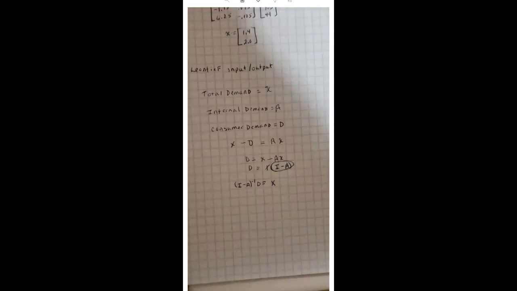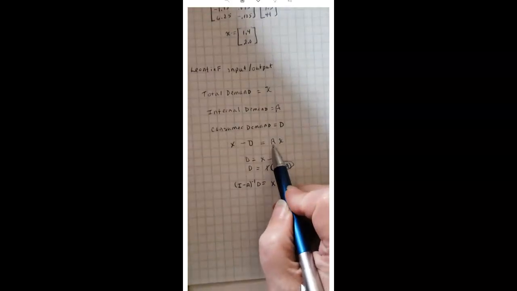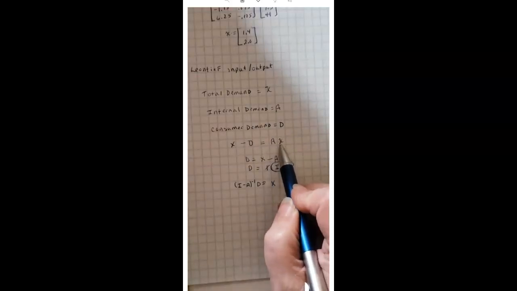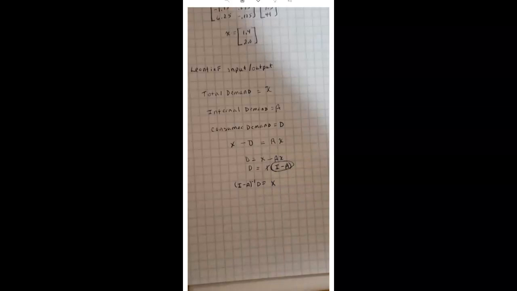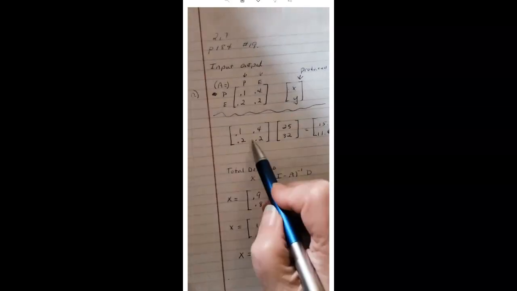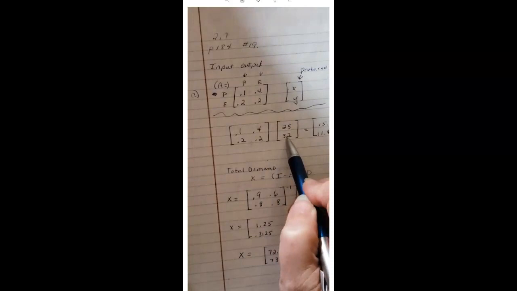So for the internal demand, I need to take A times my demand matrix.